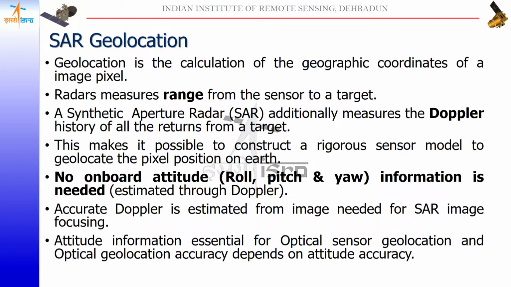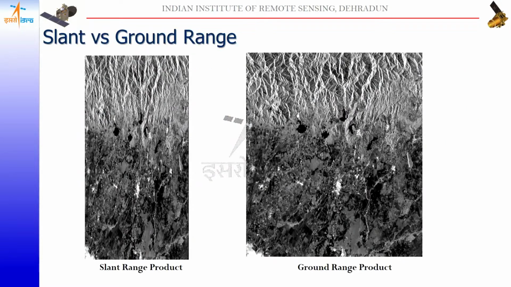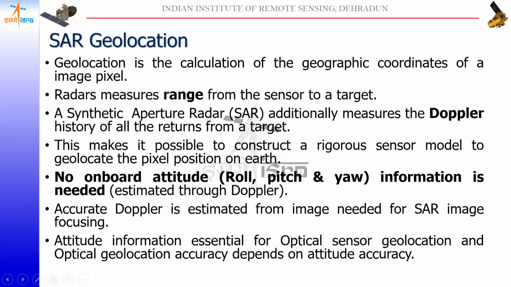But in case of SAR, if our state vector, meaning the satellite position state vector, is accurate, then we can get a very precise range and Doppler, because otherwise we are not able to see the image itself. We are able to see this image because we are estimating the Doppler value and range value very precisely. Then only we are able to focus the image. So in case of SAR, we have very precise range and Doppler values.